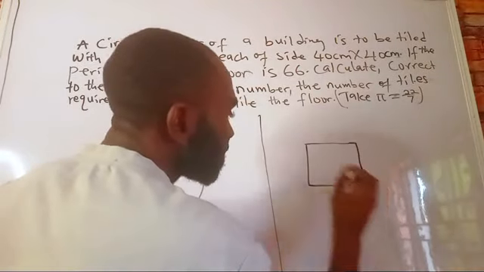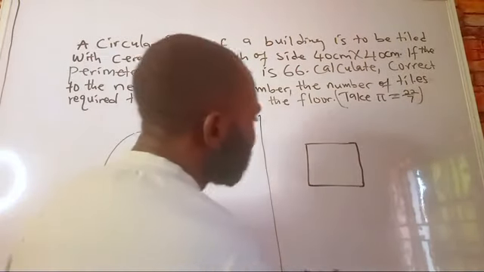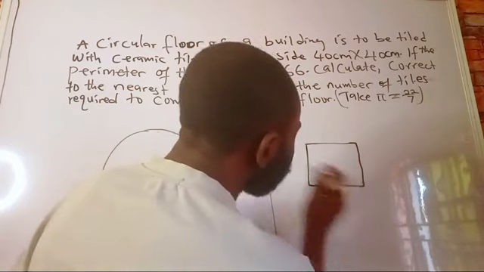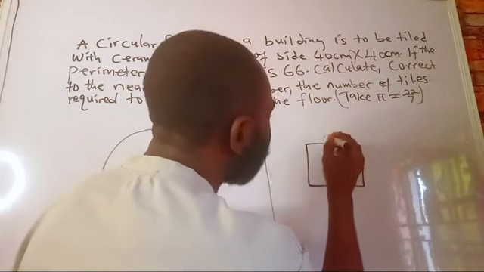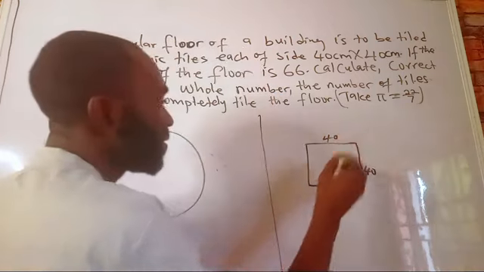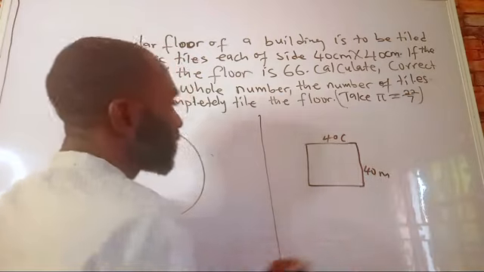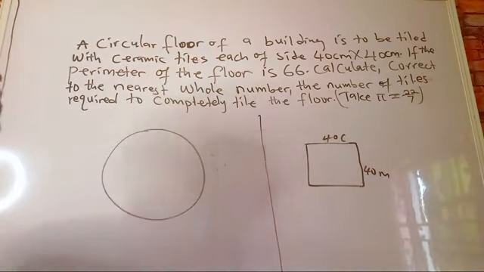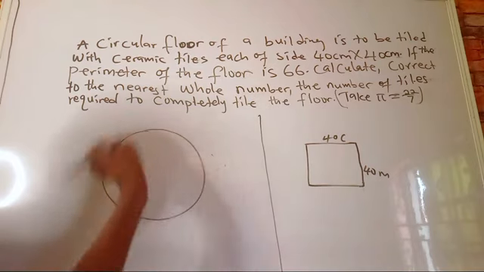You all know what a tile is. So this is a tile, and here is 40. This side too is 40. That is 40 by 40 cm, to be used to tile this particular building.